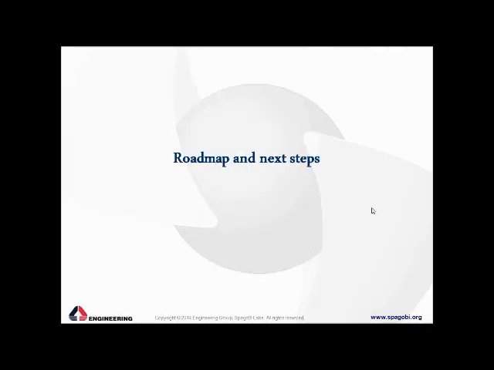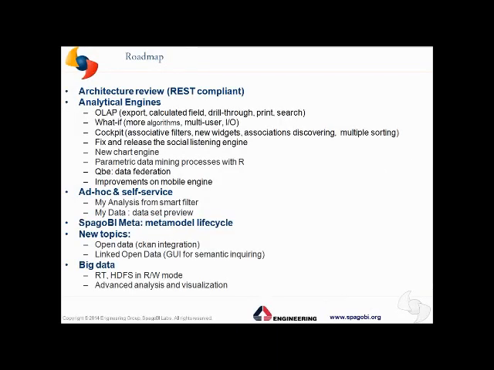If I show the roadmap, that's the roadmap of SpagoBI, but please remember that we are open. SpagoBI is a product that grows with real needs from projects and partners. So we do have a roadmap, but we are always open.